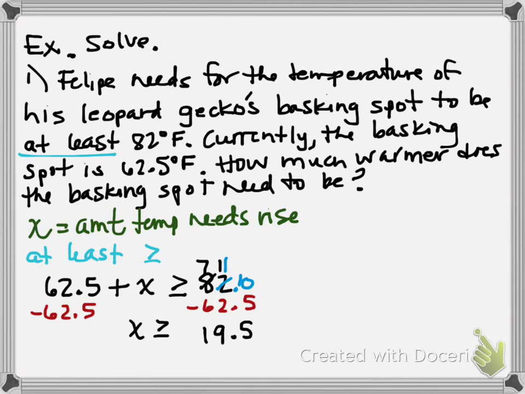So now we need to interpret this answer. So how would I write my answer? I'm not going to just write it as a number, as I was able to when it was an equation. I really need to interpret, because this isn't the only possible answer. So what would I write as my final answer? Jake? Like as a sentence? Yes.